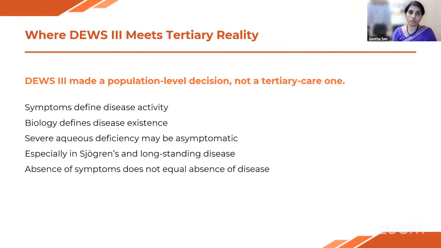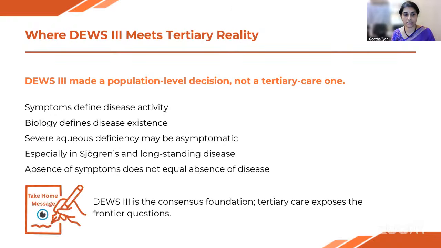But where DUCE-3 meets tertiary reality, especially when we're dealing with very severe cases of dry eye disease, symptoms, yes, they define disease activity. Biology defines disease existence. So sometimes, as in the case that I showed earlier, severe aqueous deficiency may be asymptomatic, especially in Sjogren's and long-standing disease.